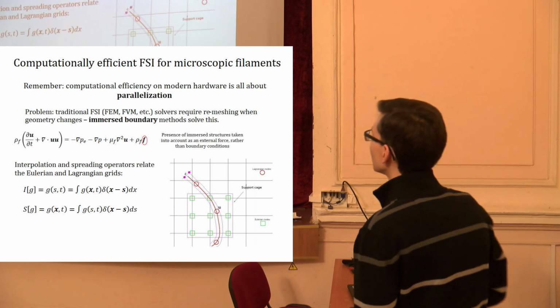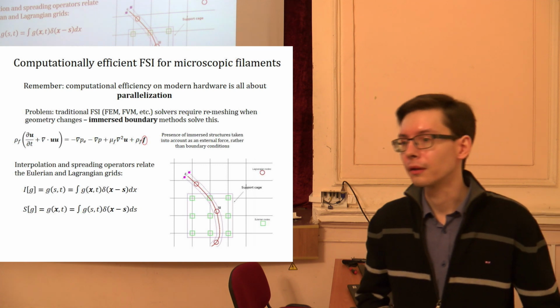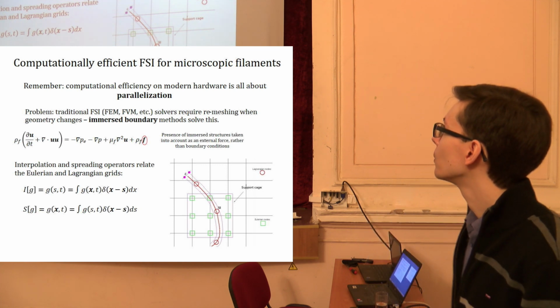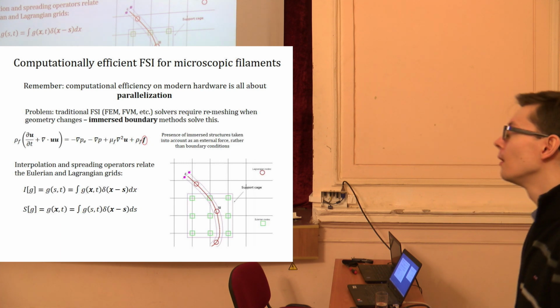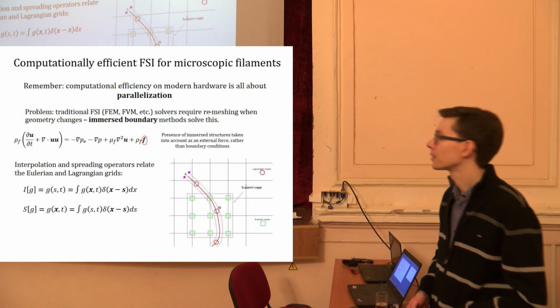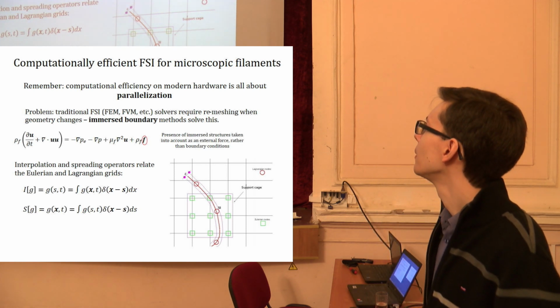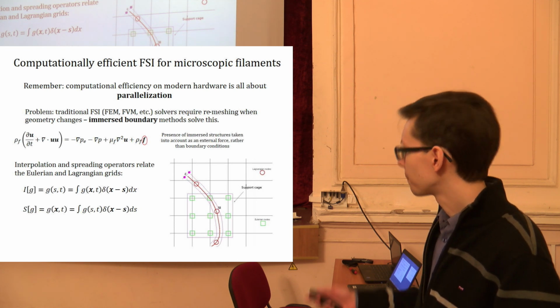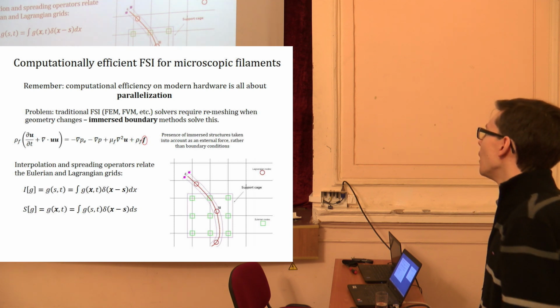That method transfers the burden of enforcing boundary conditions to effectively an external force in the Navier-Stokes equations, which is calculated by transferring the effects of an entirely separate Lagrangian grid to the fluid grid by a number of operators, the interpolation and spreading operators that I've written here.